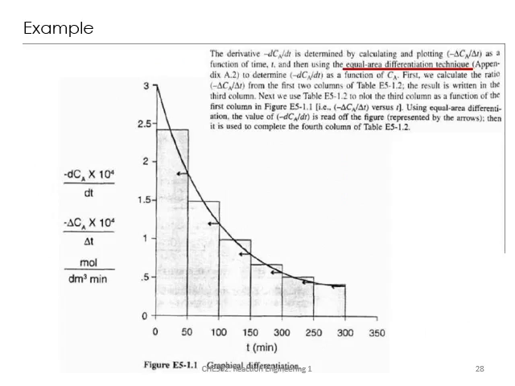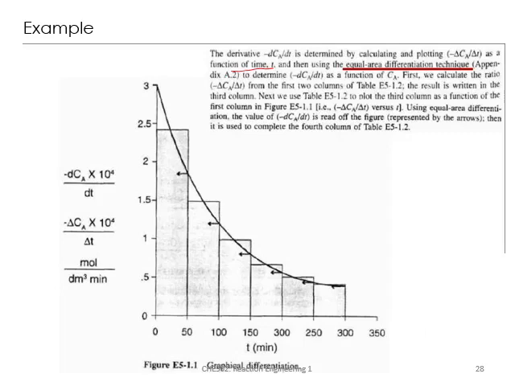This is the technique explained in Fogler. The derivative negative dCA over dt is determined by calculating and plotting delta negative delta CA over delta t as a function of time, and then using the equal area differentiation technique, which they have in the appendix, to determine negative dCA over dt as a function of CA.